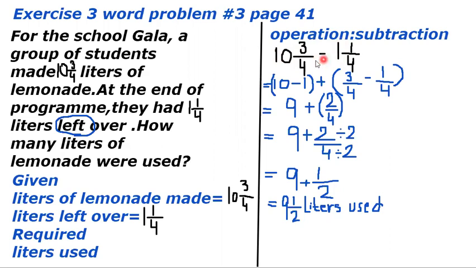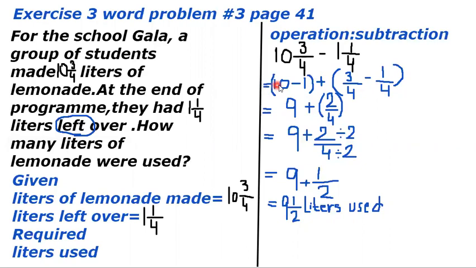A mixed number consists of 2 parts, a whole part, like in this fraction 10 whole 3 upon 4, 10 is the whole part, means 10 liters. In 1 whole 1 upon 4, the whole part is 1, means 1 full liter. This is the whole number part.